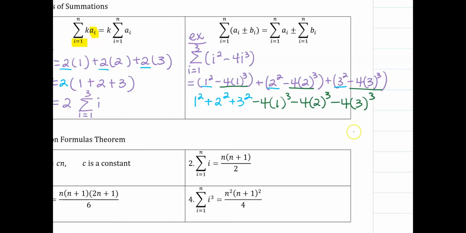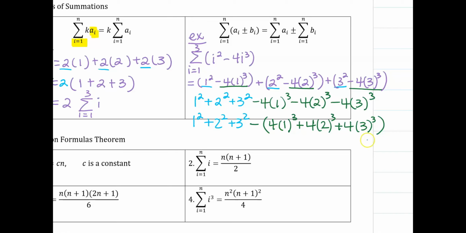Now from the last 3 terms that I wrote, I could factor a negative out from all of those terms and write them as positive terms. So I have 4 times 1 cubed plus 4 times 2 cubed, plus 4 times 3 cubed. And I'll bring down those squared terms, 1 squared plus 2 squared plus 3 squared.